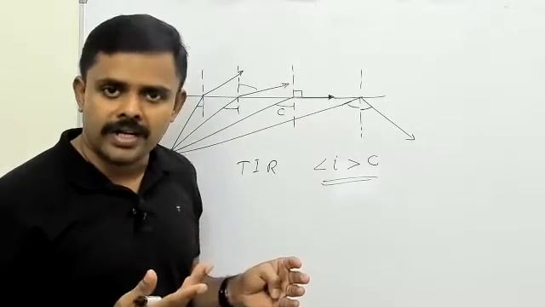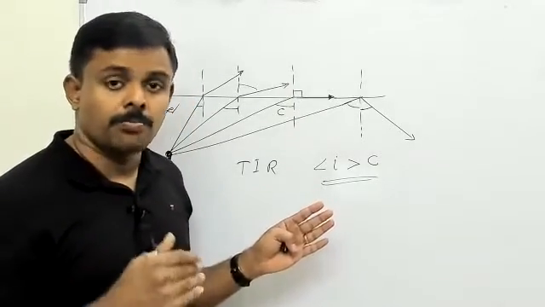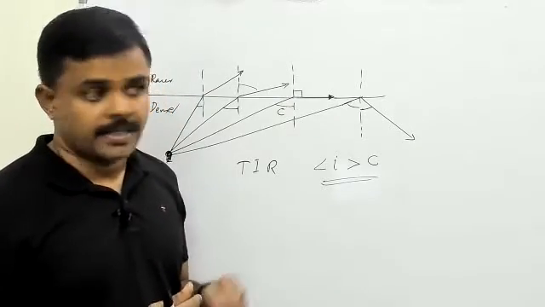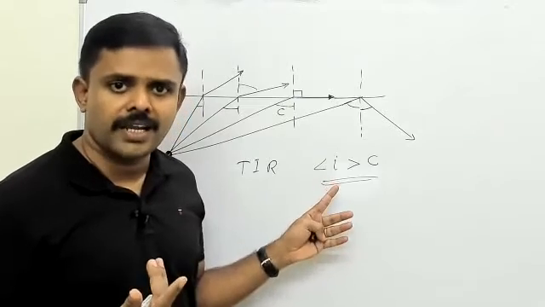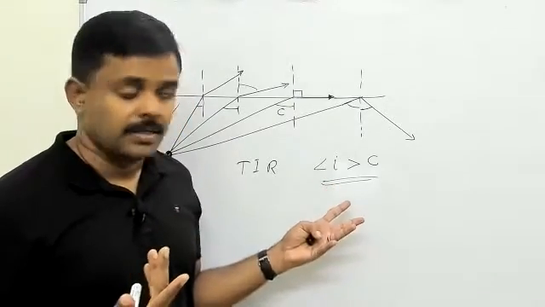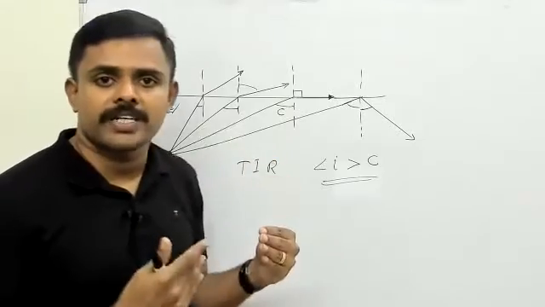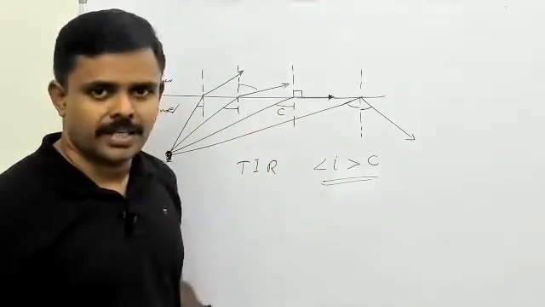Or there can be an alternate definition. Critical angle is that angle of incidence beyond which total internal reflection would occur, that angle for which total internal reflection begins to happen. So this is the critical condition, critical angle.